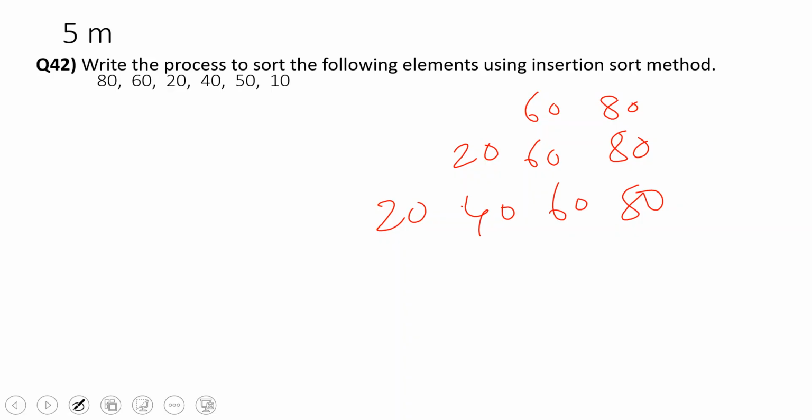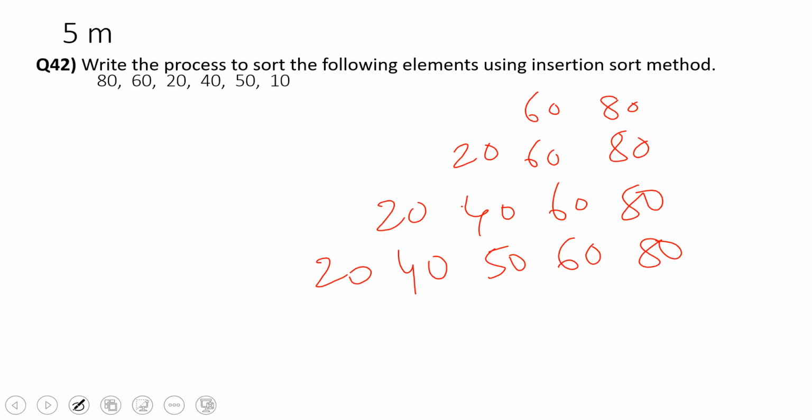In the fourth step, which one is the fourth element here? 1, 2, 3, 4. So 50 is the element. So the answer is 20, 40, 50, 60, and 80.